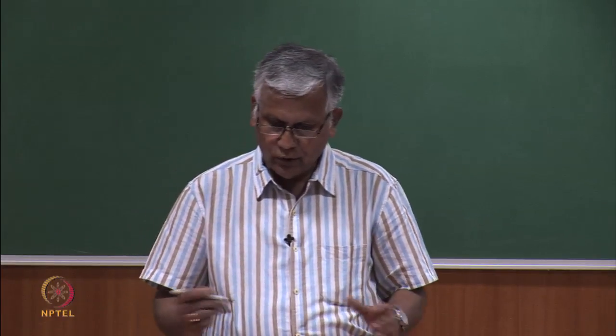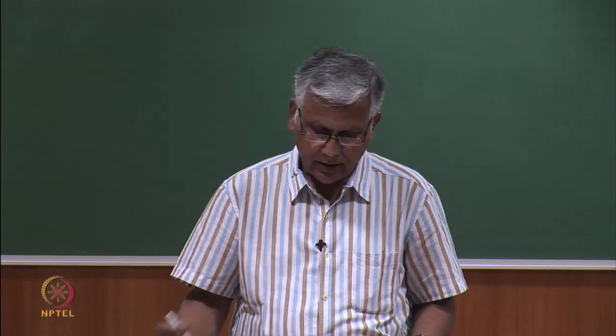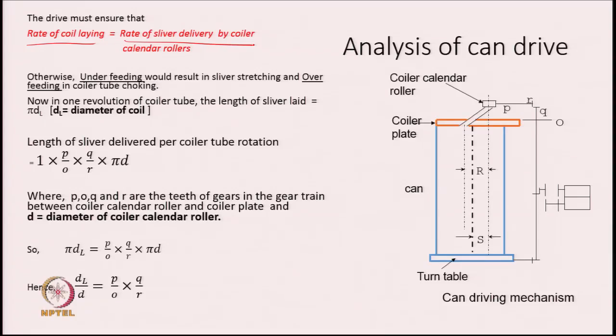So, this should perfectly match, as stated in the slide: the rate of coiling must be equal to the rate of delivery. Now, what is the rate of coiling? For one revolution of the coiler tube, the length of sliver laid is going to be pi dl.